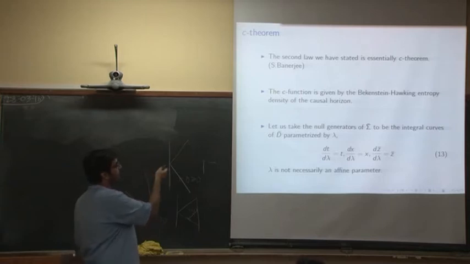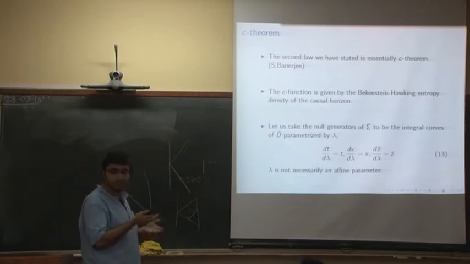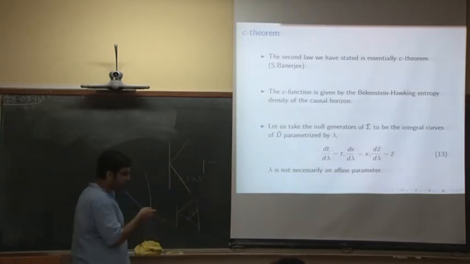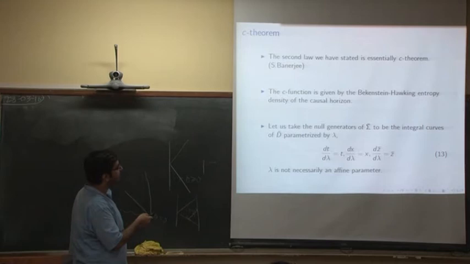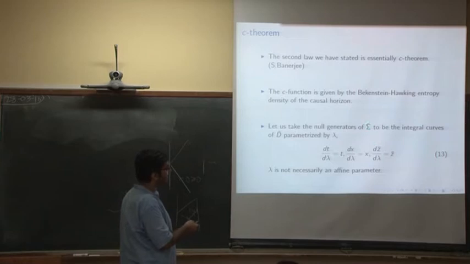So let's just take this. Now we look at the cross sections of this light cone. Let's take the null generators. This sigma bar is the deformed light cone, and let's take the null generators of this sigma bar to be the integral curves of this d bar, which is parameterized by lambda.